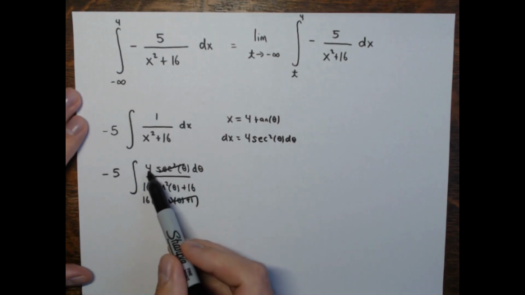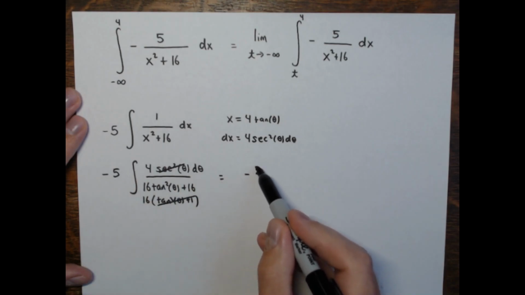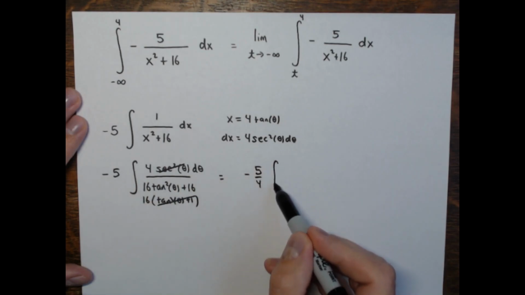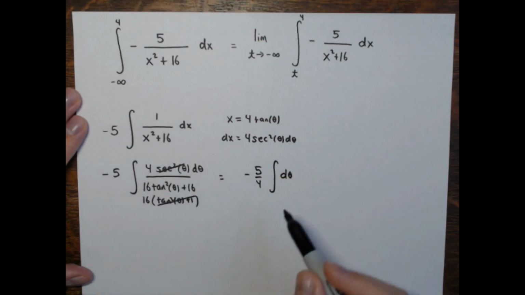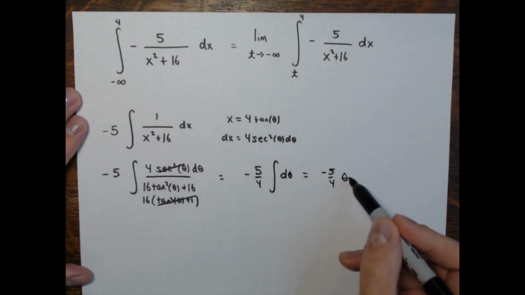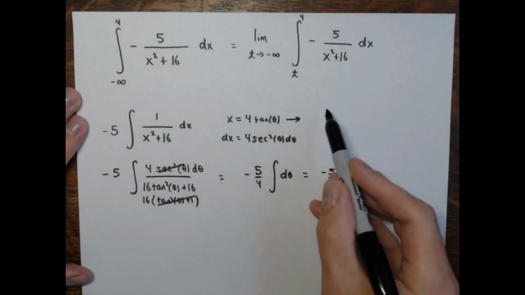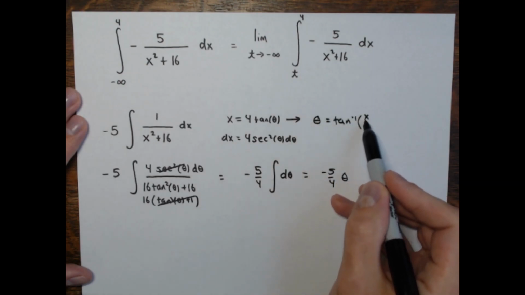So we have a quarter here, 4 over 16. I'm going to pull that out. So you've got -5 quarters times just the integral of 1 d theta, because everything else will be gone. And so that's just -5 quarters theta. And if this was x, theta would be the inverse tangent or arctangent of x over 4.